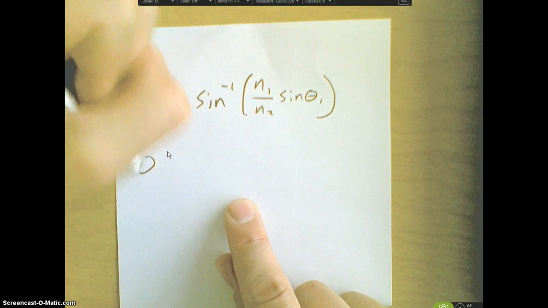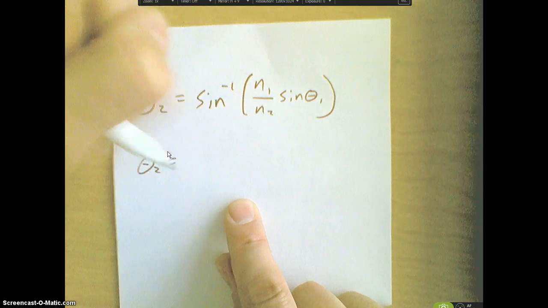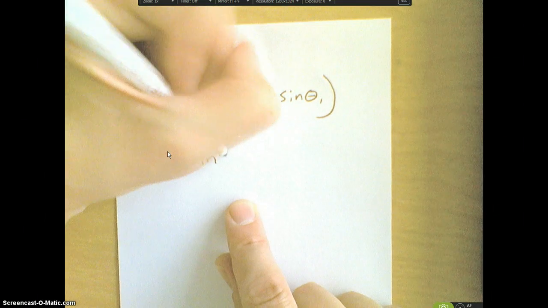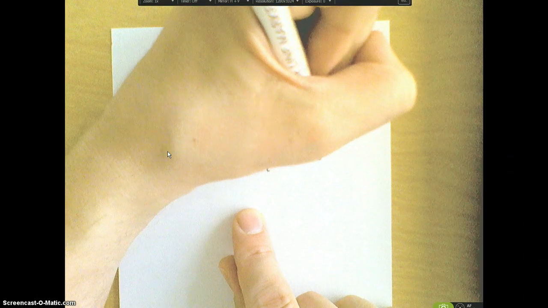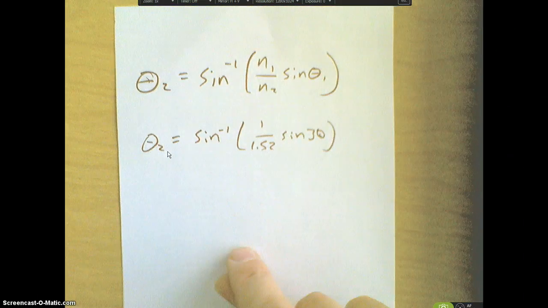So if I put the numbers in, could people remind me what the numbers are? What was N1? 1. What was N2? 1.52. And the angle? Sine 30 degrees. Okay, so that's what it looks like.